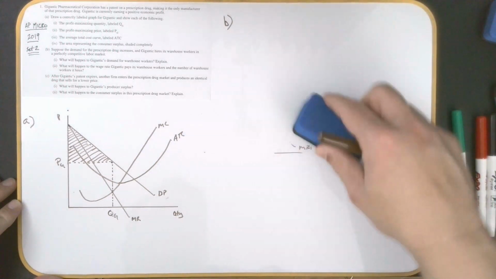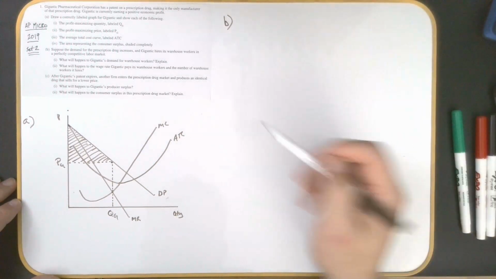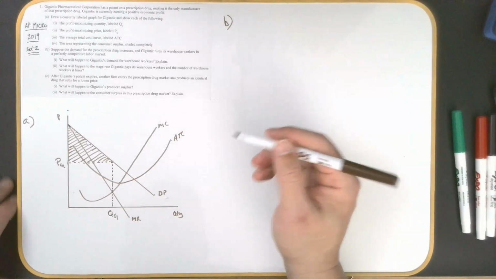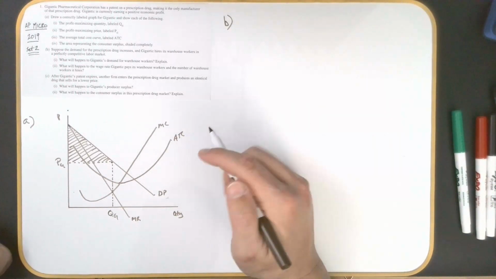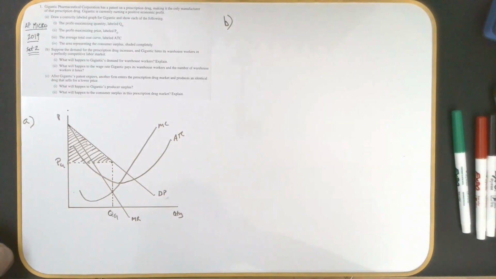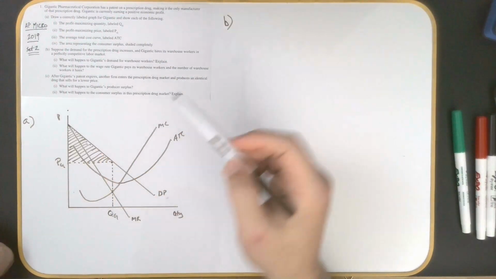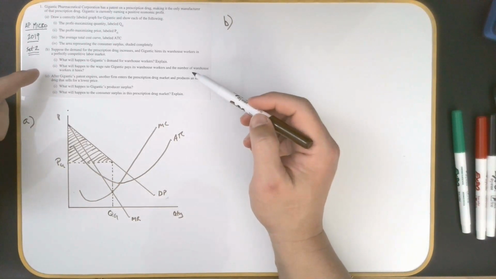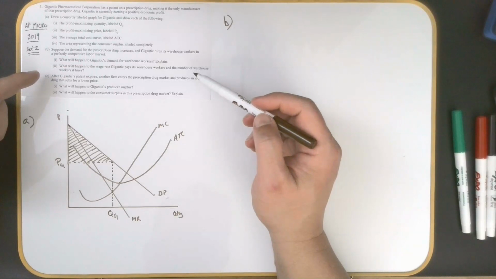All right, now the question states here again that the demand for prescription drugs increases. Okay, so Gigantic needs to hire some more people in a perfectly competitive labor market. So it says, what will happen to Gigantic's demand for warehouse workers? What will happen to the wage rate? Now, what I'm noticing right away here for part B is there is no requirement to draw a graph.